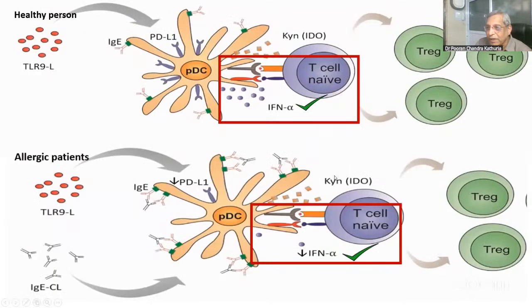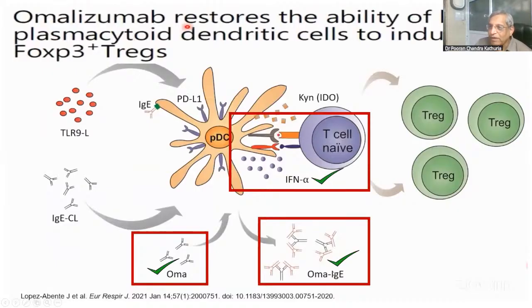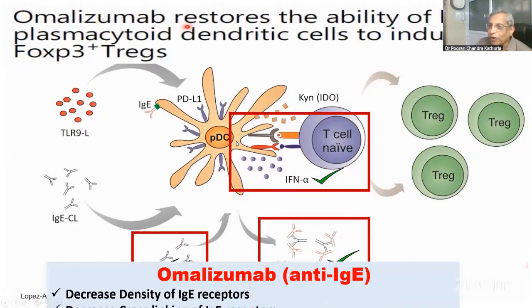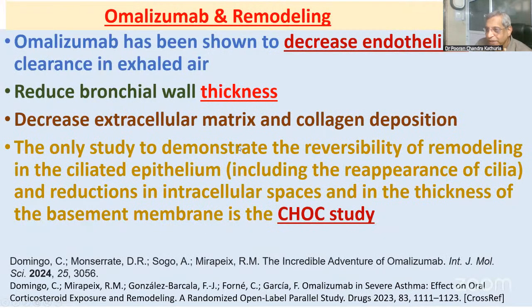But in allergic patients, on exposure, the dendritic cell is already loaded with IgE receptors because of the high T2 inflammation, so these dendritic cells are unable to synthesize. If you give omalizumab, where the trimers and hexamers are formed, then IgE receptors will decrease and there is normalization of the Tregs.